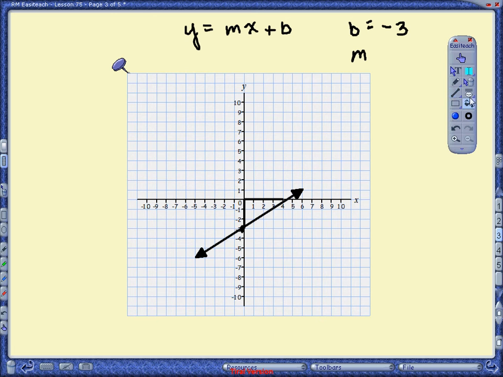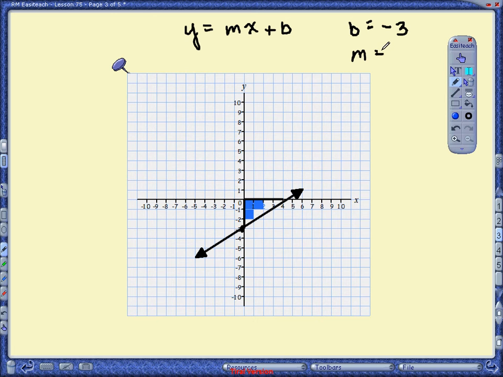I'm going to fill that in with blue. It's not working too well, so I'll try and fill again. Okay. We'll just count these spaces. Now we're going to count down 1, 2, 3.